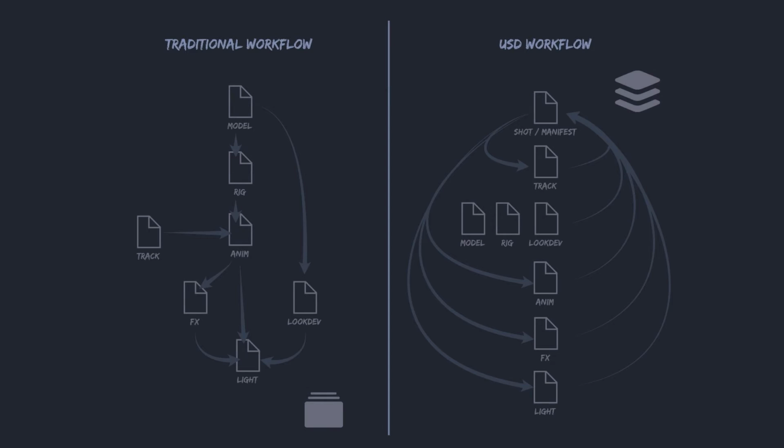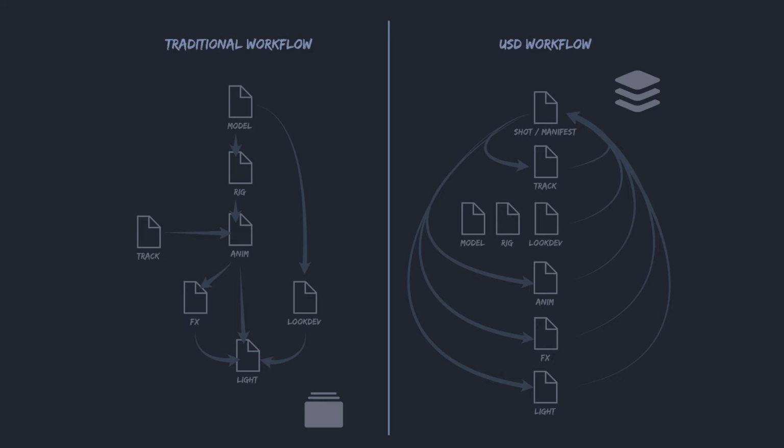In a traditional workflow, you would have a model, and the model goes into a rig, and the rig goes into anim. Some other things are imported, and the anim is then exported into FX and lights. I think this is probably how most people work.